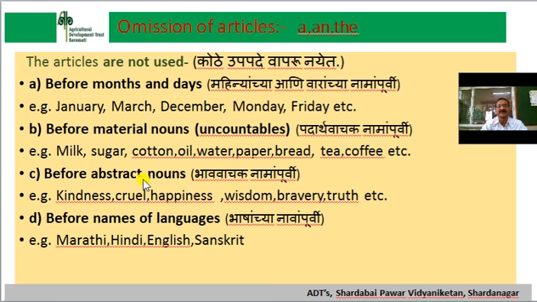Before abstract nouns: kindness, cruelty, happiness, wisdom, bravery, truth, etc. Articles are not used before these abstract nouns. Before names of languages: Marathi, Hindi, English, Sanskrit, articles are not used.